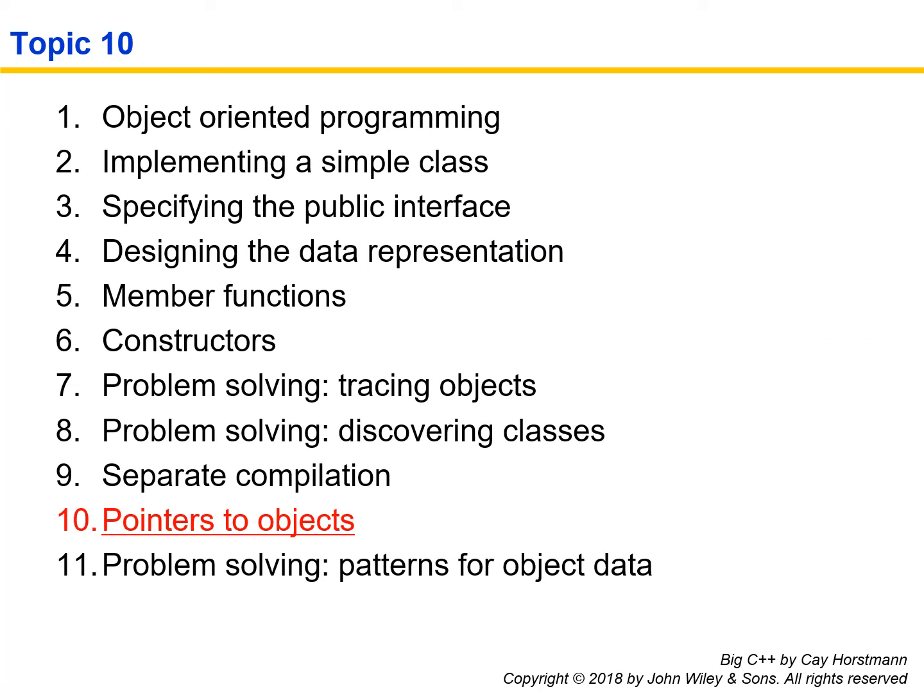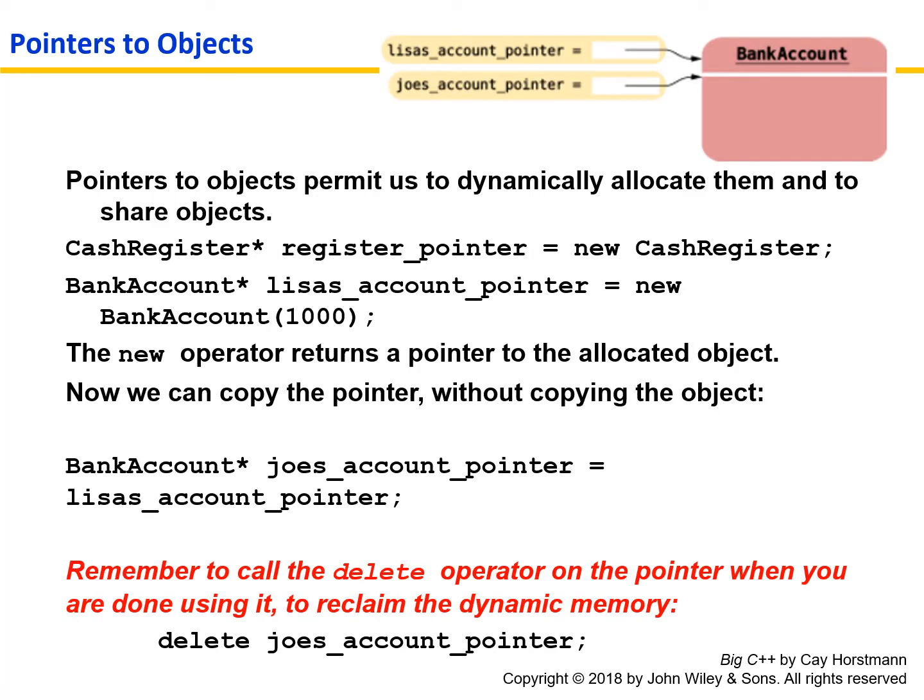You may have figured out at this point that we can also have pointers to objects. Pointers to objects work very much like pointers to structs that we did a couple of chapters ago. We can let Joe's account pointer point to Lisa's account pointer.